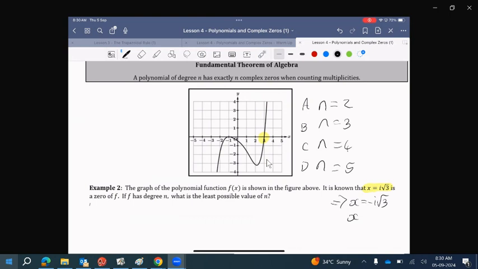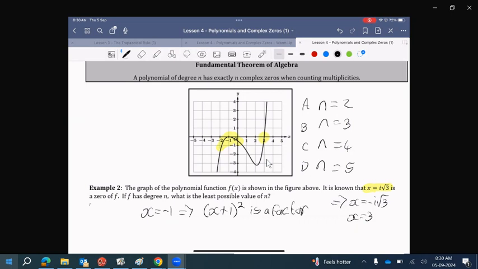Then over here we see there's a solution at -1. However, there's also a turning point. And if there's a turning point on the x-axis, then it's even degree. So it could have a multiplicity of 2, 4, 6, but we were asked to find the least possible value of n. So we could simply assume that it has a multiplicity of 2. So that's 1, 2, 3, 4, 5 solutions. So the answer is D.